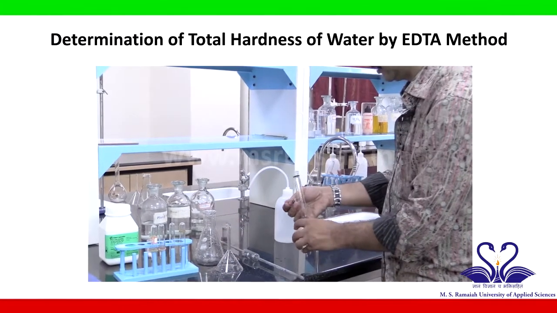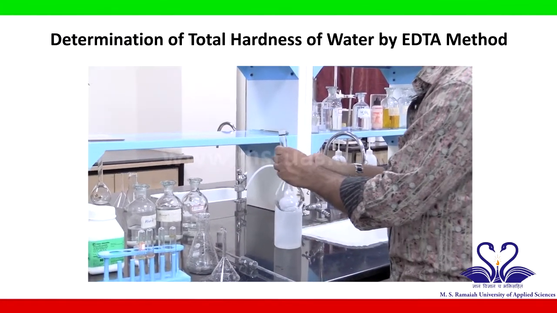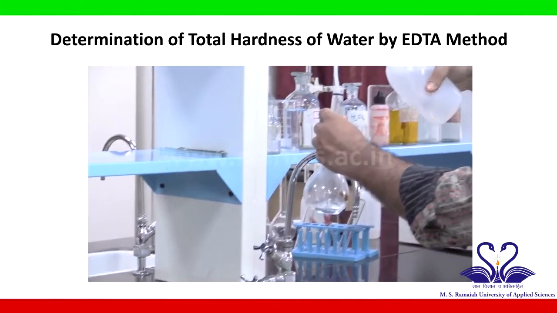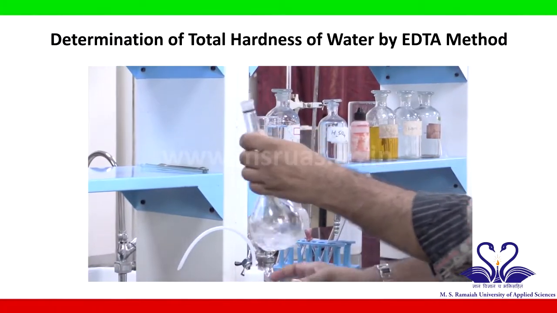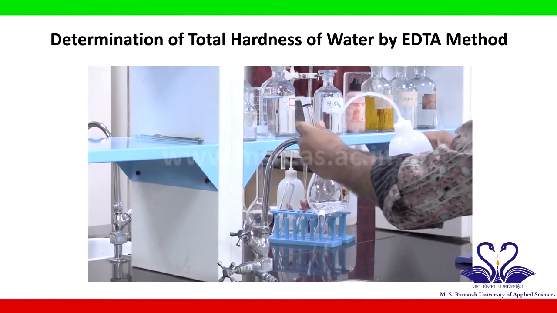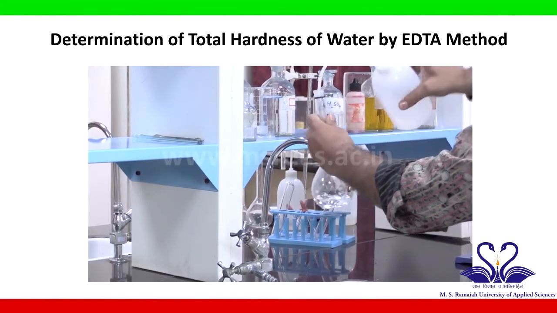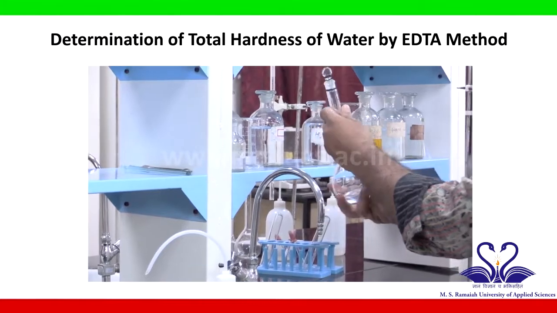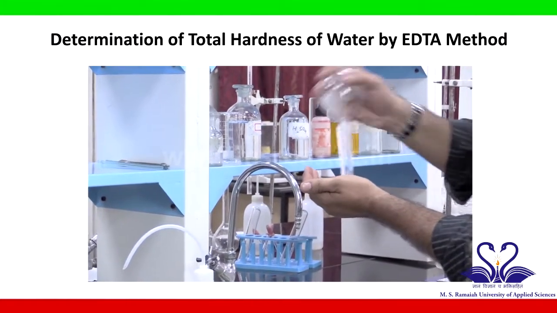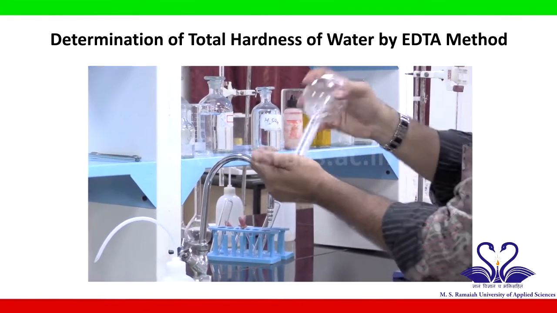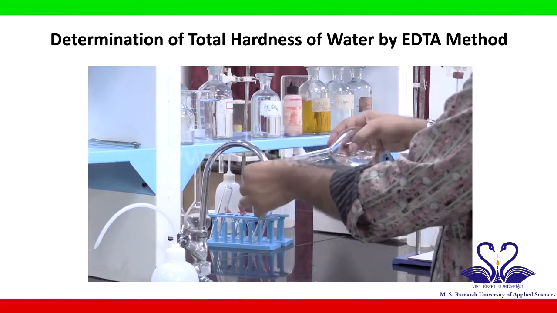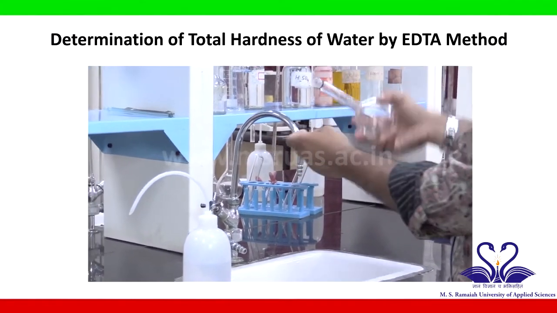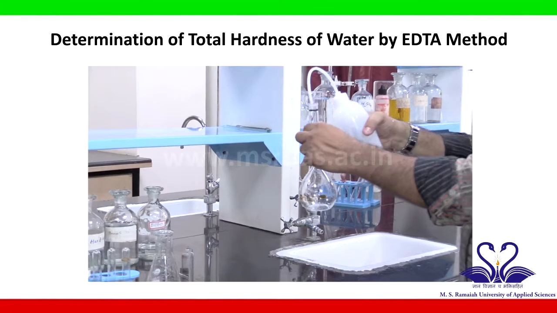And then the standard flask, where you are preparing your standard EDTA solution. The cap also should be thoroughly washed 2 to 3 times because the standard solution is important.